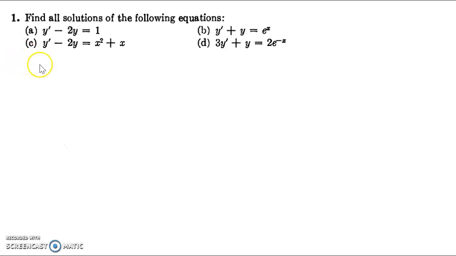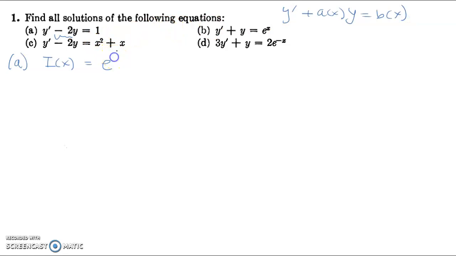Okay, so our first job is to find the integrating factor. So I of x, that is going to be e to the power of this part. Remember, our general form for the first order differential equation is y prime plus a of x, y equals b of x.